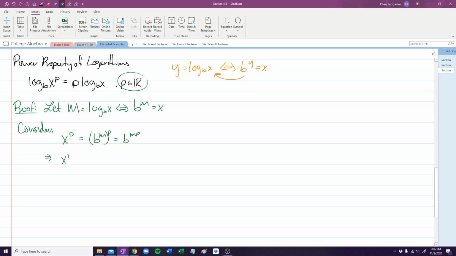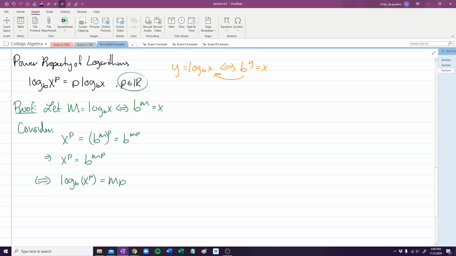Again, I'm going to rewrite it so we can clearly see what we're dealing with. x to the p is equal to b to the mp. This can be rewritten as log base b of x to the p is equal to m times p.